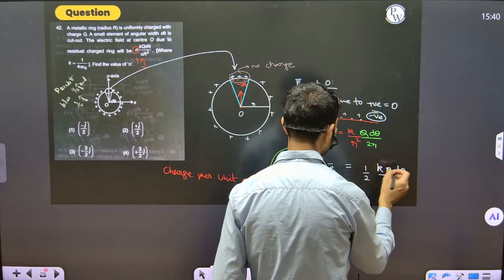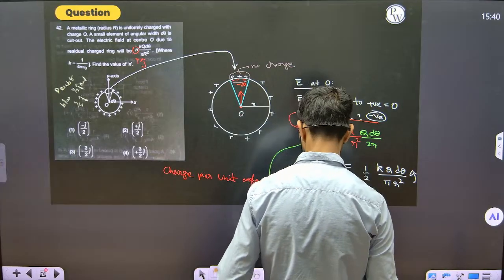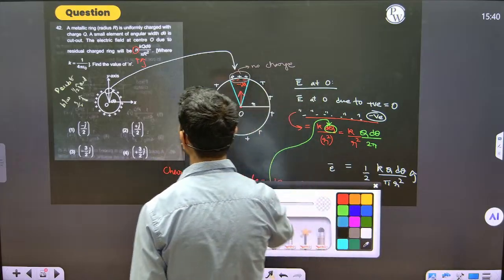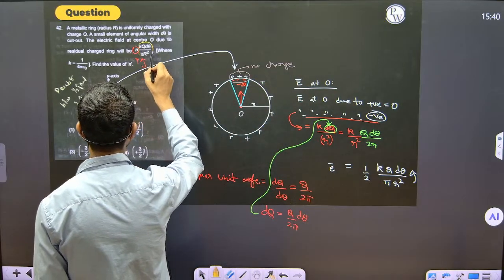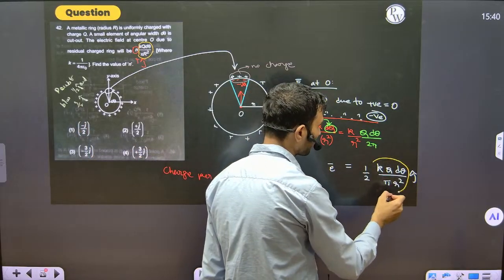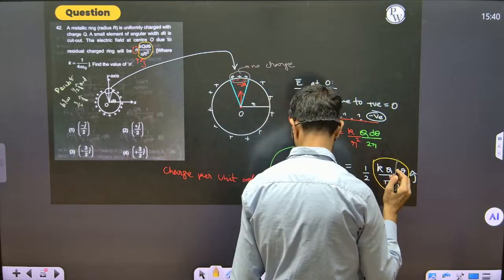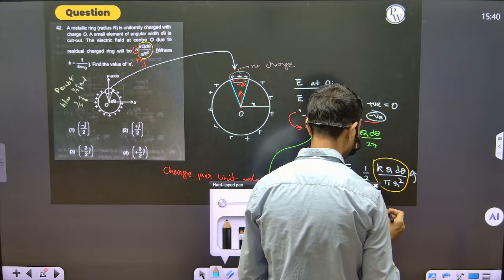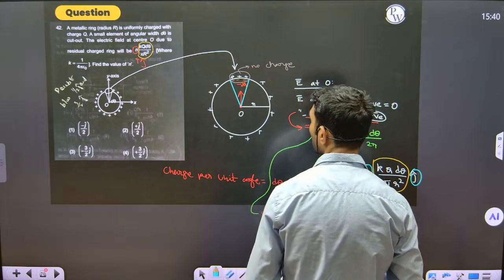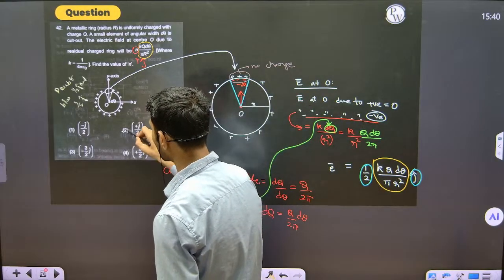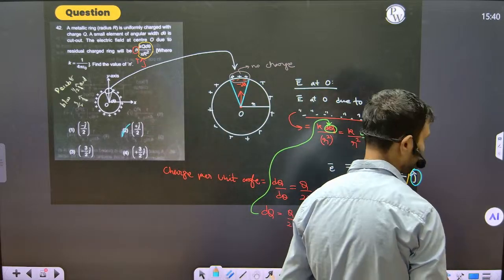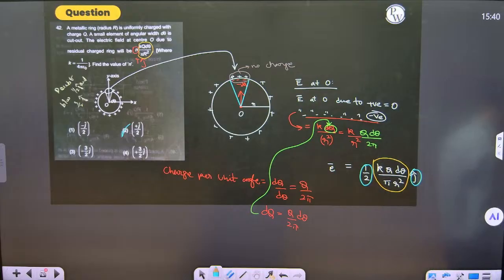That means direction is j cap. And now if you see this, k Q d theta divided by pi r square, and what is the rest over thing is j by 2. So which option is it? j by 2, right? Take this one.